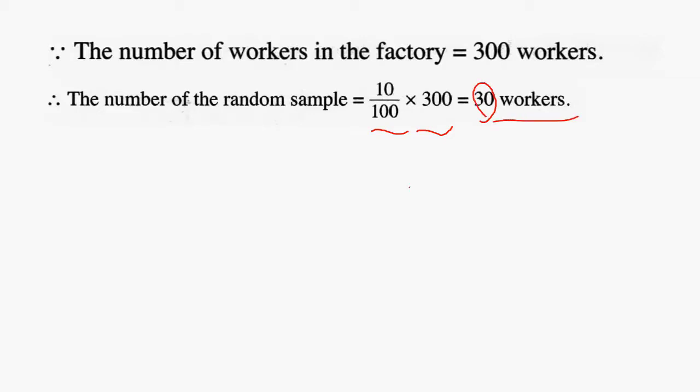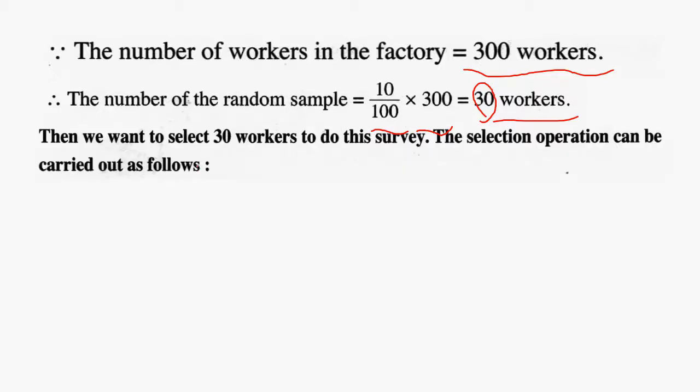So our sample will contain 30 workers, and our society here is all the workers, which is 300. So we will pick 30 workers randomly from 300 workers. Then we want to select 30 workers to do the survey.